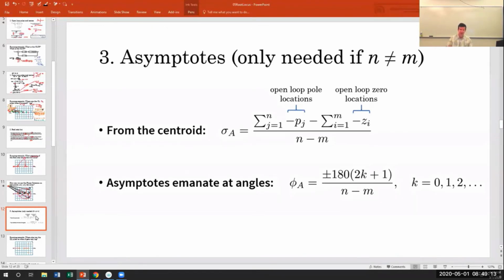These formulas will tell you the path of the closed loop pole branches that they have to follow as k gets very, very large. So that's why we call them asymptotes.